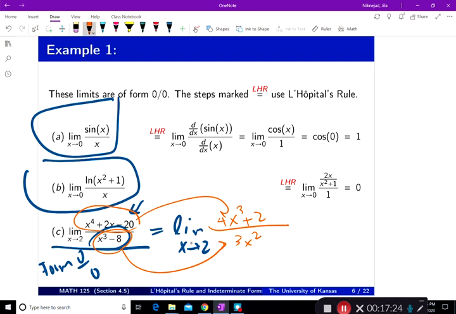Now, if I plug in 2 in here, I get 4 times 8 plus 2, which is 34, and in the bottom, I get 12. So now I get 34 over 12. And so that's much easier than factoring.